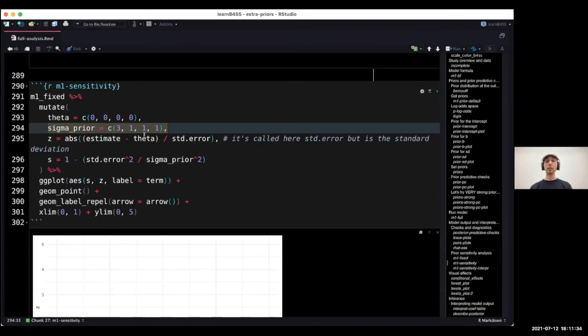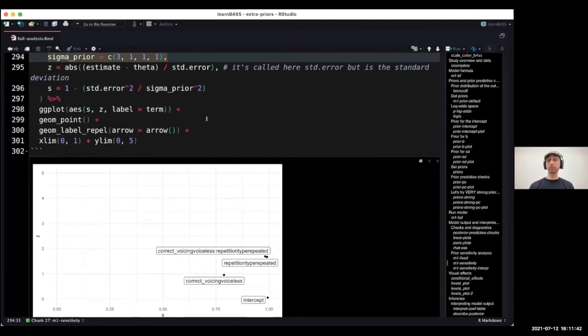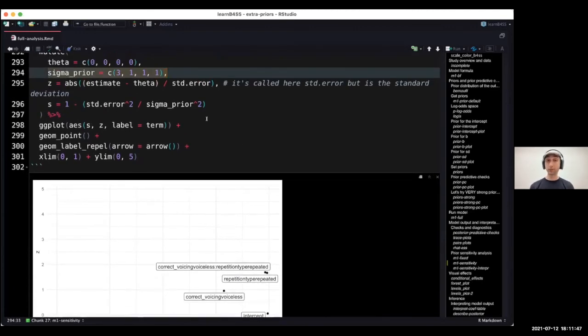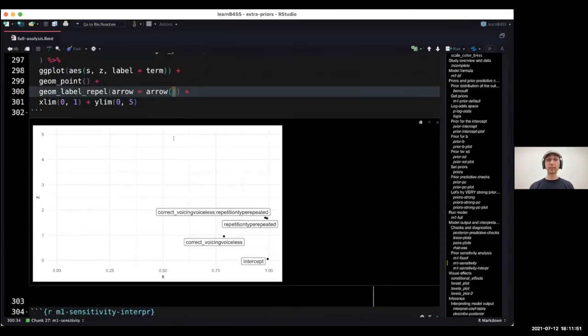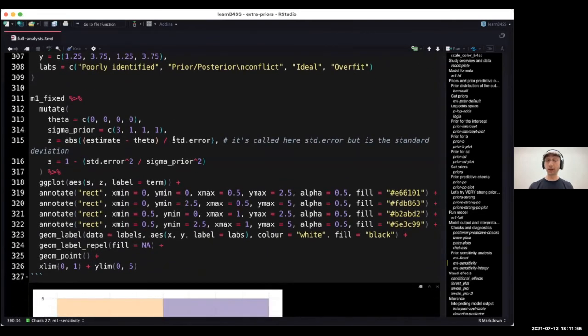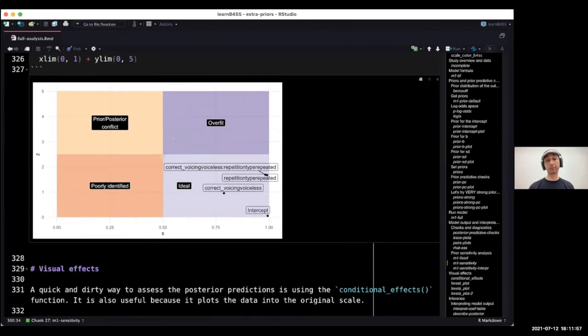So I assume most reviewers and readers will not be interested in knowing exactly where these dots are, but they can check if they want that you didn't tell a lie, but of course I'm not expecting anybody to do that. So that's basically it. That's a way of doing a prior sensitivity analysis.